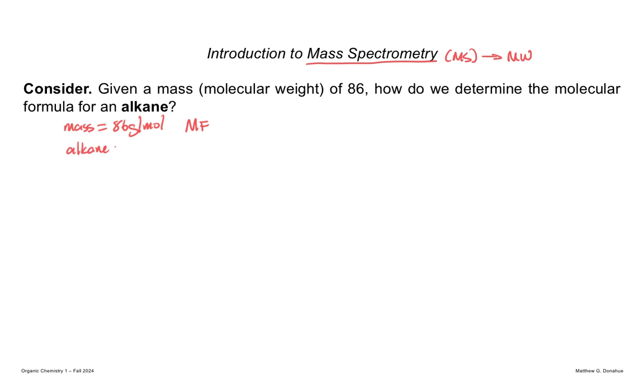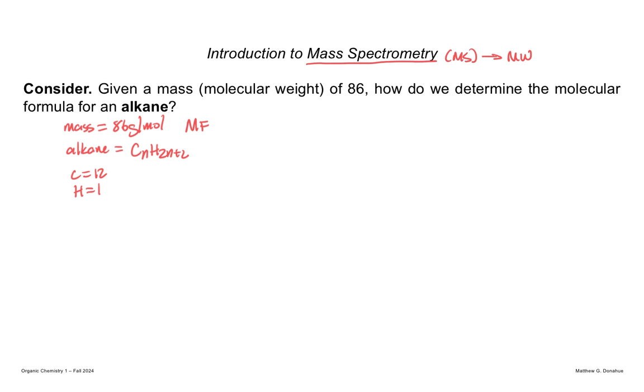And we've stated pretty much in every lecture, an alkane has a molecular formula of CnH2n plus 2. So there's no heteroatoms we have to worry about. Furthermore, we know from the periodic table that carbon has an atomic mass unit of 12, and H is 1.